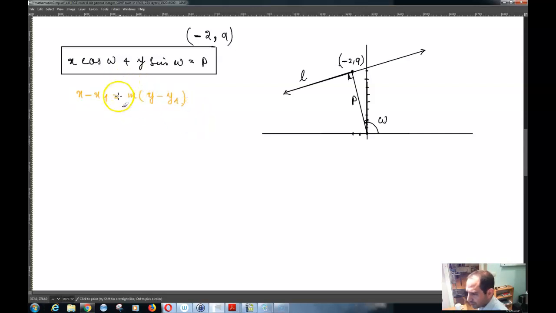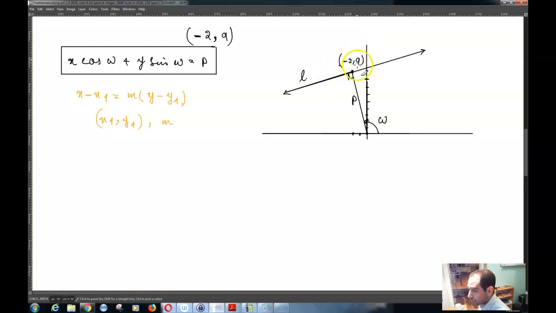If you knew the slope of the line, which you could find based on the slope of this perpendicular, and if you knew one point on the line, for example x1 comma y1, then you could find the equation of this line L.